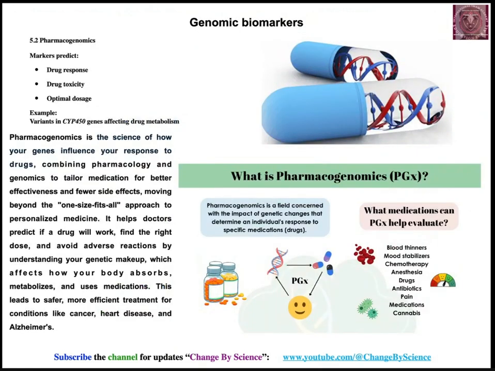Or you can go for a pharmacogenomics approach, where you can predict drug response, drug toxicity, and optimal doses for each therapeutic. Pharmacogenomics is the science of how your genes influence your response to drugs, combining pharmacology and genomics to tailor medication for better effectiveness and fewer side effects.